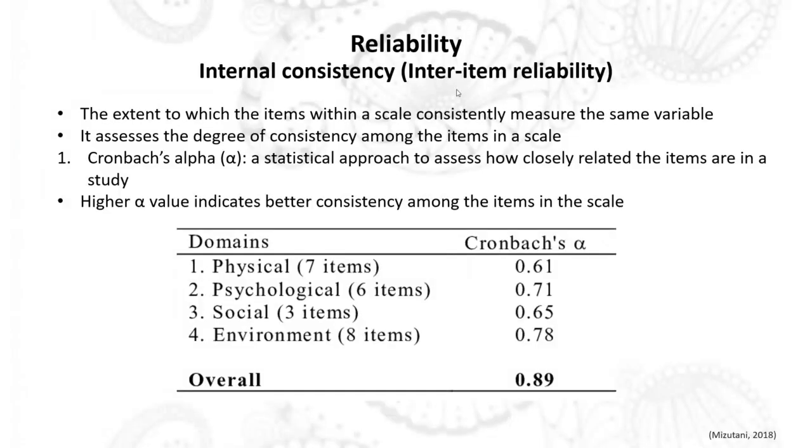What inter-item reliability or internal consistency wants to check is whether these 10 items are really talking about stress, and whether the subjects who rate question 1 will give a similar rating to question 2, a similar rating to question 3, and so on. If so, that means the 10 items are really measuring stress.